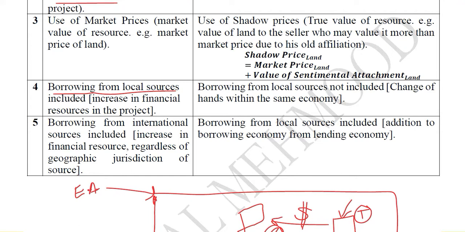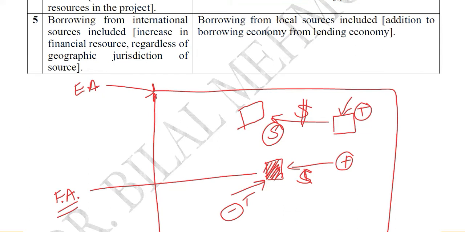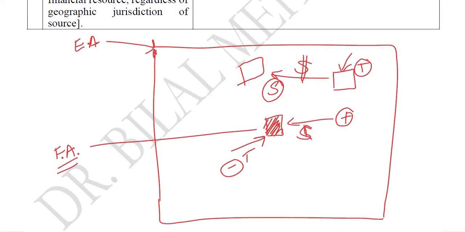So if the borrowing is done by the project from the local sources, then the analysis includes those payments or those receipts, because they are bringing a change in the overall financial situation of the project.